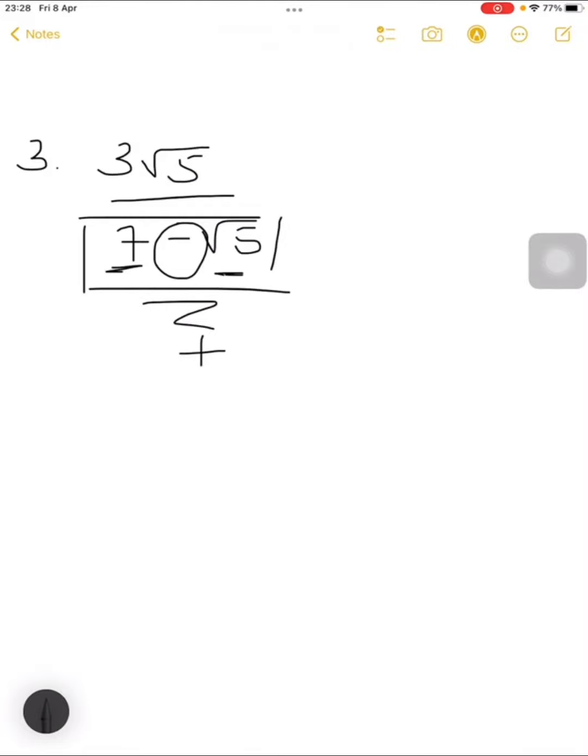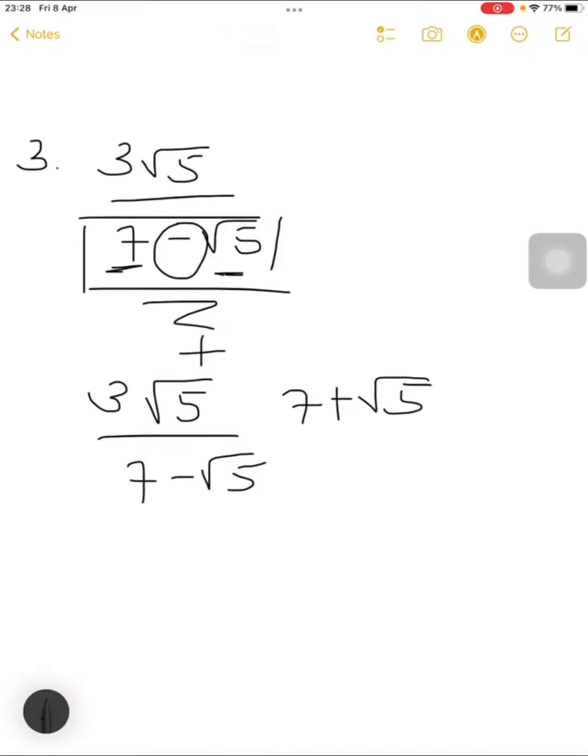So in our case, we are going to have 3 root 5 all over 7 minus root 5, and then we multiply by 7 plus root 5 all over 7 plus root 5. Get the conjugate of the denominator, then multiply both numerator and denominator.